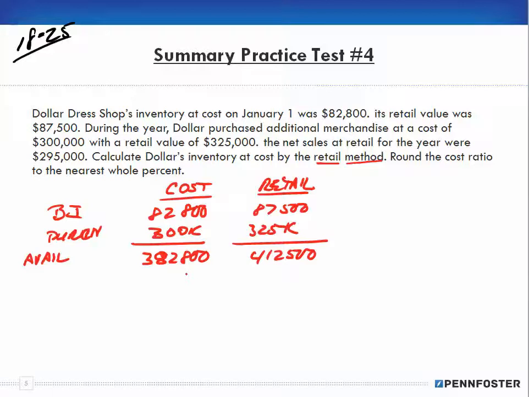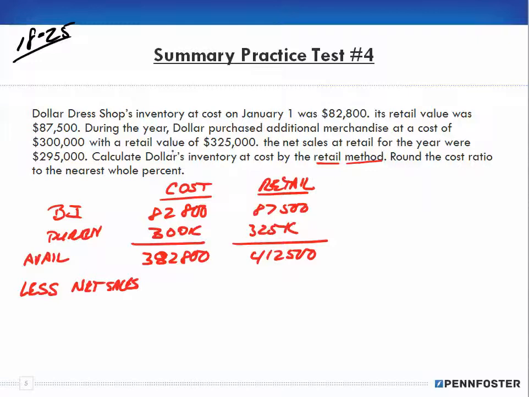Okay. Now we have our cost, and remember, we needed that number when we're going to create the ratio, but we need to know what our ending inventory is. So at retail, we have to take out less our net sales, and that's for the year.